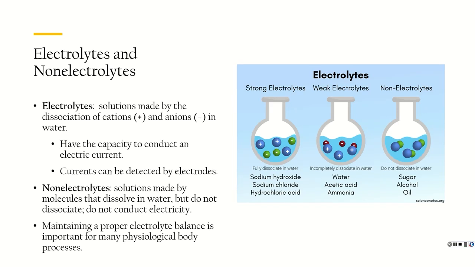Versus salts, like table salt, will both have solubility in water and dissociate down into its basic atomic elements. And because of the positive and negative charging of those sodium and chloride, it will form an electrical current. Excuse me.